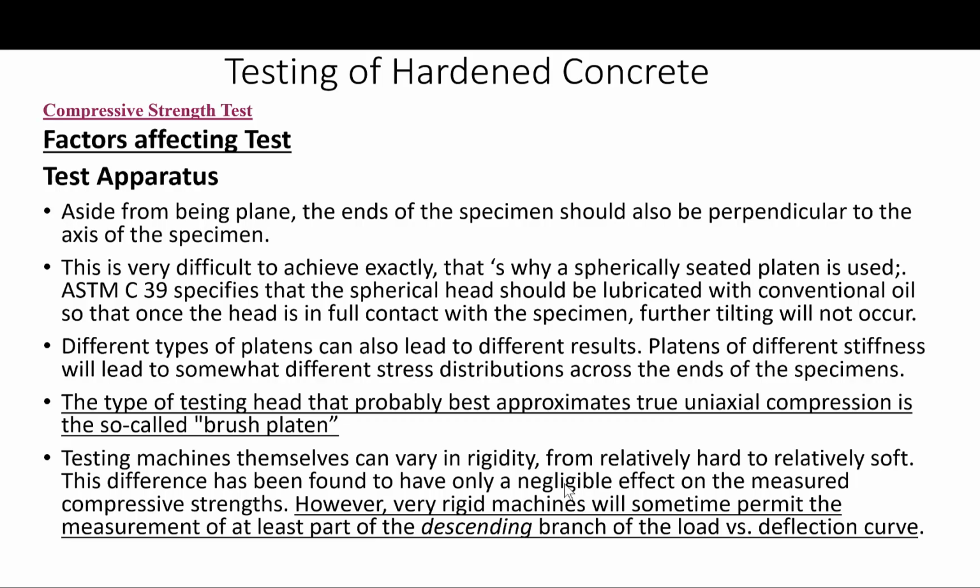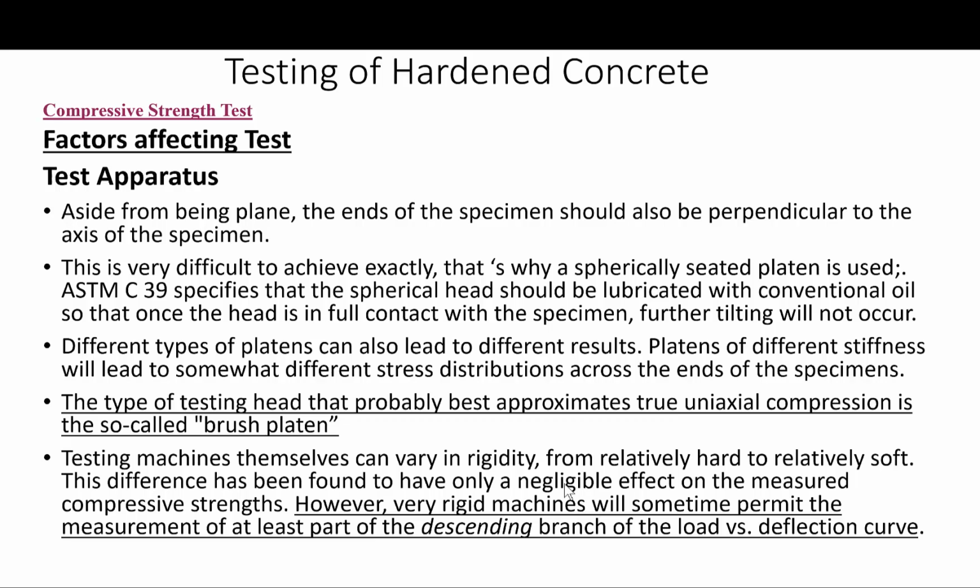ASTM C39 specifies that the spherical head should be lubricated with conventional oil rather than pressure type grease, so that once the head is in full contact with the specimen, further tilting will not occur.